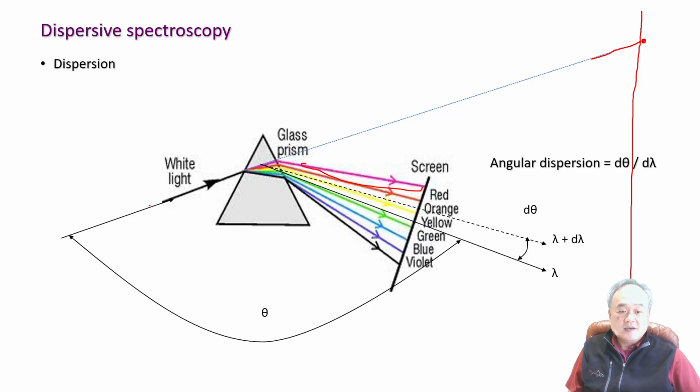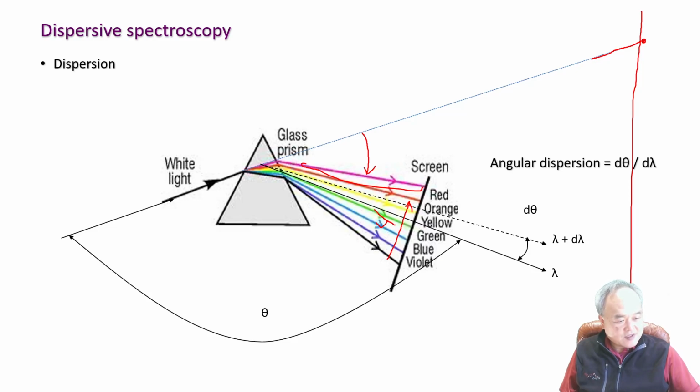Because of the prism, the light is dispersed into different locations, and the wavelength is increasing in that direction, from short wavelengths to long wavelengths, while theta is increasing this way. So we can think about the relationship between the amount of refracted, dispersed light, in terms of angle measured from the incident angle, as a function of wavelength.